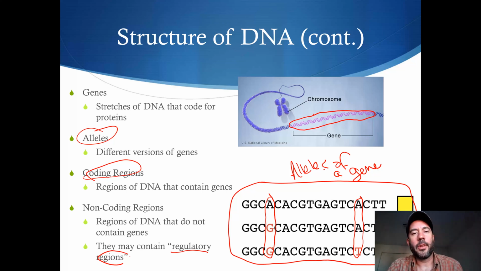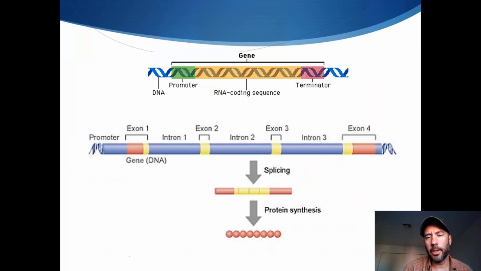Usually when you become an adult, that regulatory region tells your body to stop producing this enzyme because you're not breastfeeding anymore, hopefully. However, in some individuals, there's a mutation or a series of mutations that breaks that regulatory region, so your body keeps producing it, even as an adult. So regulatory regions can be really important.